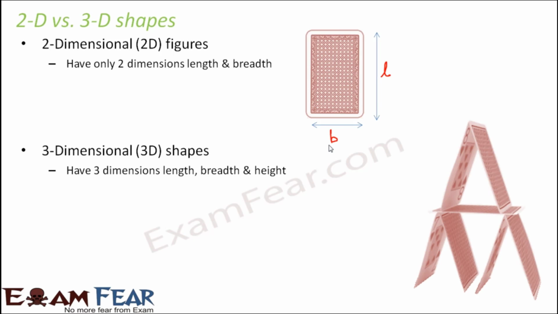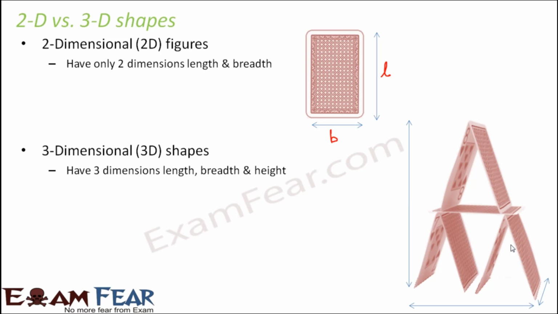Let's say instead of 1 playing card, I take 7 playing cards and then arrange them like this. So I build a tower, and this tower, do you think it is 2-dimensional? It is not 2-dimensional, because this time you have its length, you have its height and you also have its width. So 3 dimensions are now needed to define the size of this tower which we have created.